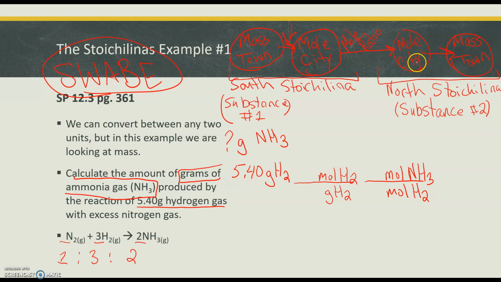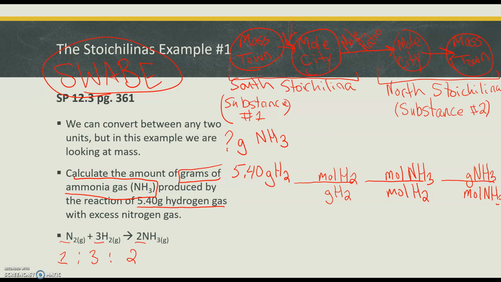Now that we are here in mole city of North Stoichiometry, or substance 2, we are going to use molar mass to convert to mass town of substance 2. Wanting to cancel out moles of ammonia, we put that on the bottom. And our grams of ammonia will go on top.